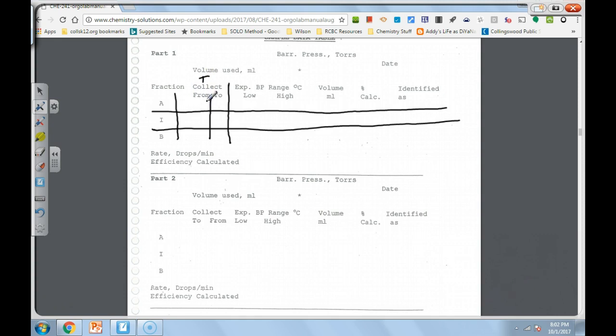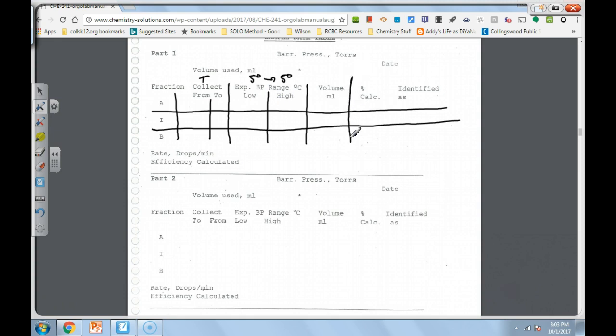It started collecting, okay, and the temperature that we collected it to. And now this here is also two columns. This is the experimental boiling point range. So remember, you have the 5 degree on either side of the boiling point. So this is the experimental range that we are collecting.